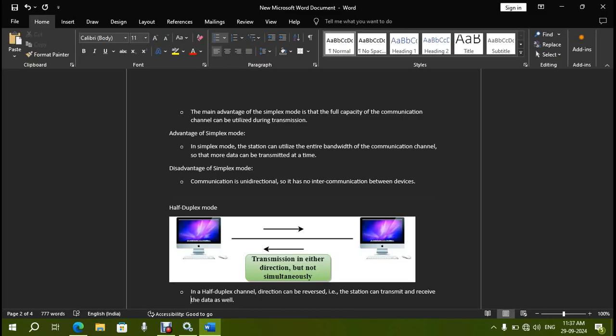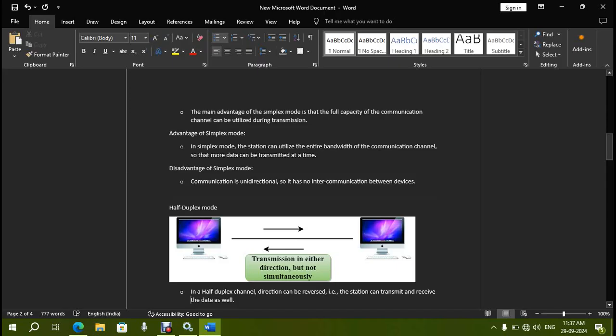Suppose we have two computers that want to exchange information, with transmission in either direction but not simultaneously. The first computer sends the data, and when it stops sending, the other computer sends the data.